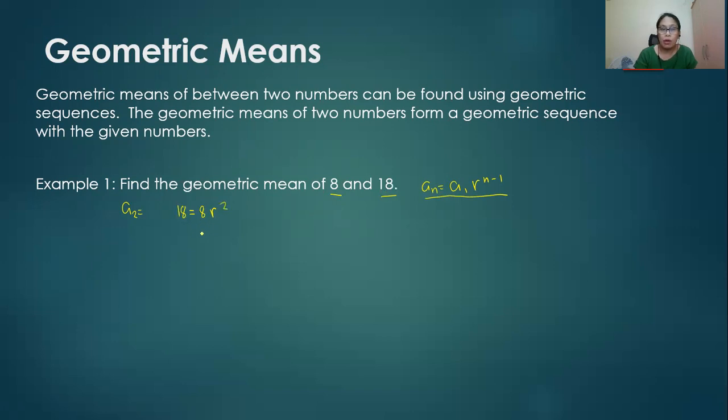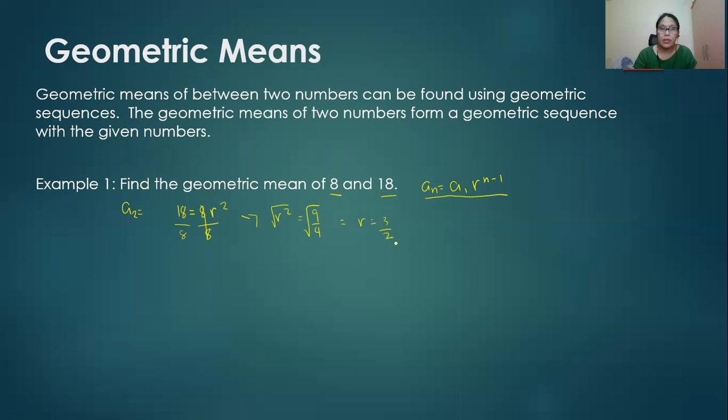We want to solve for r, so we have to isolate r squared. We divide both sides by 8, so we got r squared equals 18 over 8, which is the same as 9 over 4. Then we extract the square root of both sides, so we got r equals 3/2.